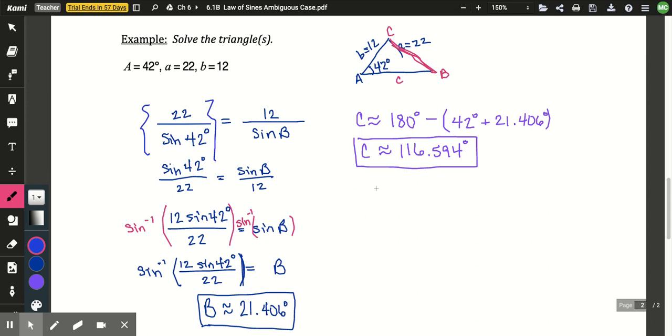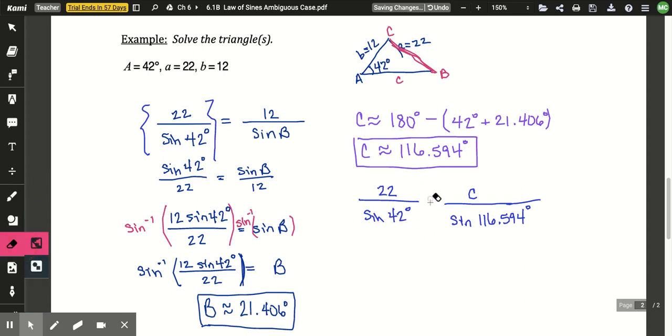I'm going to start with 22 over sine 42. And I'm looking for side C. So this is going to be little c over, and then sine of angle C, which for this I have to use my approximation. I don't have a choice. So truthfully, since I used an approximation here, this really ought to be an approximately equal sign.